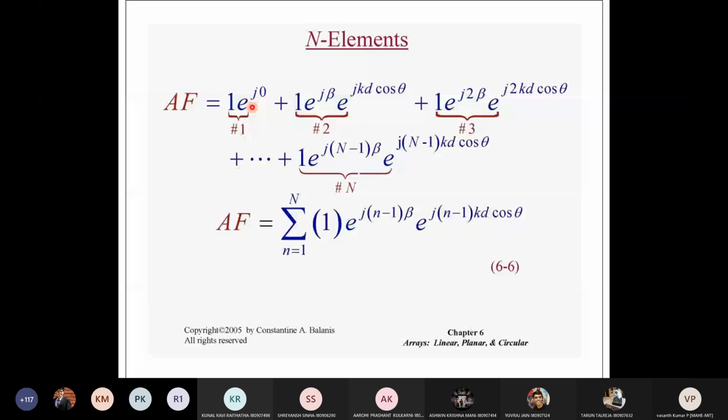Array factor is 1 plus e to the power of jkd cos theta, and so on. e to the power of minus jkr is common. If you take the normalized value, you can divide by e to the power of minus jkr, which is for the element factor. So array factor will be like this.